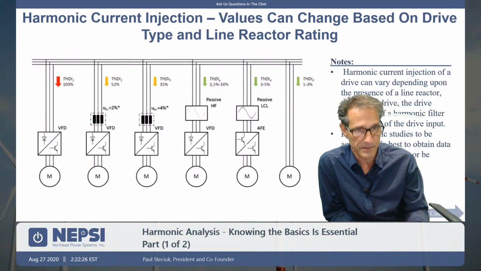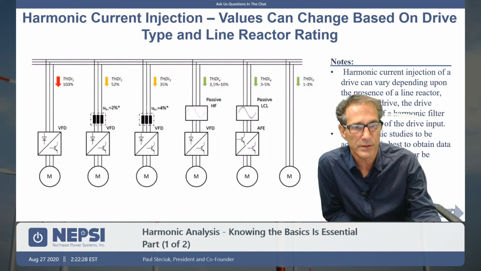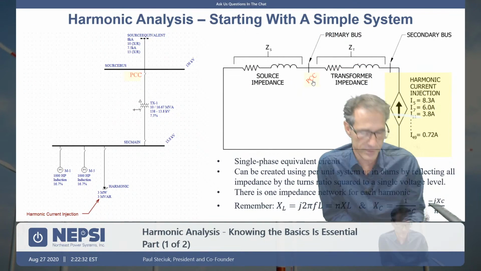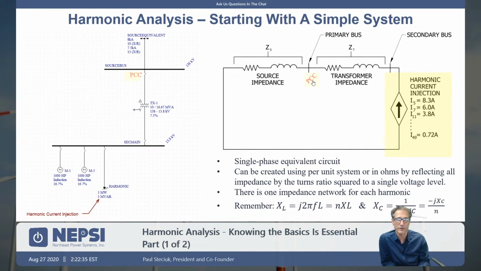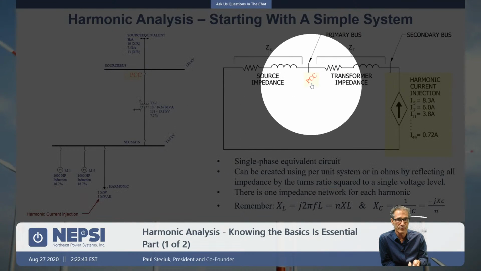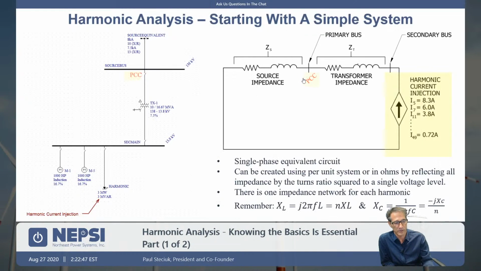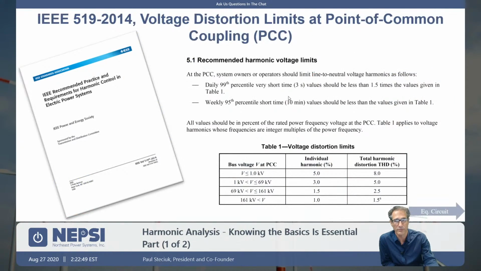So let me get back here. Point of common coupling, this is a term that you often hear, and it is in relation to IEEE 519. So IEEE 519 limits the amount of harmonic current flow that you get at the point of common coupling, and it's based upon system voltage level, and we can click here and go into it a little bit.